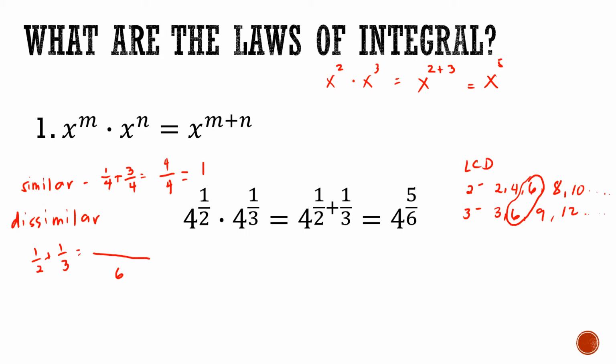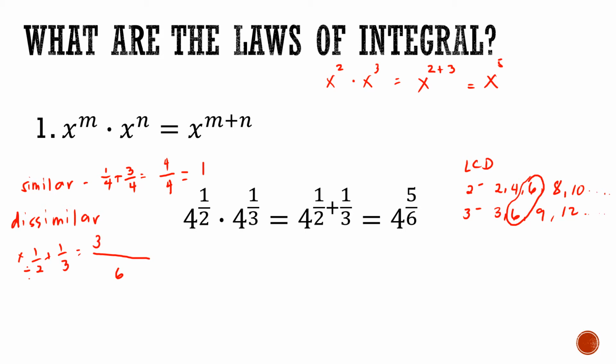Next step is to divide the LCD by the original denominator of the given fraction and multiply it by the numerator. We will do it one by one, for 1 half and 1 third. Therefore, 6 divided by 2 is 3, times 1 is 3.